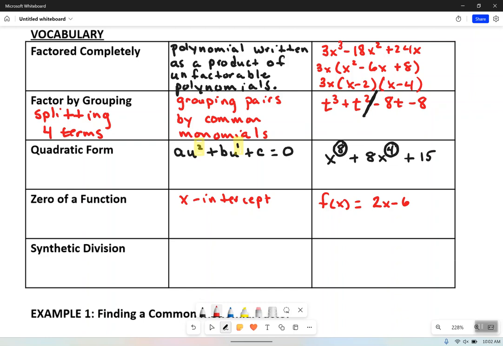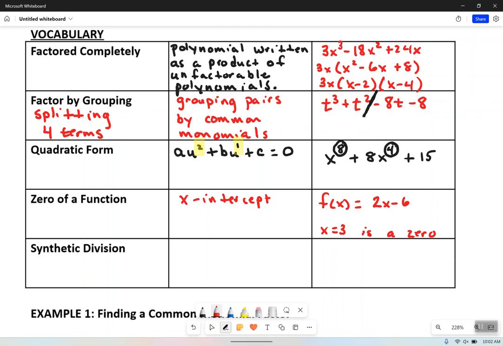In other words, 2 times what number minus 6 would turn into 0? So x equals 3, we would consider x equals 3 a what here, kids? Well, we'd call it a zero of the function. When I plug 3 in, doesn't that make the function 0? Would you agree with that?